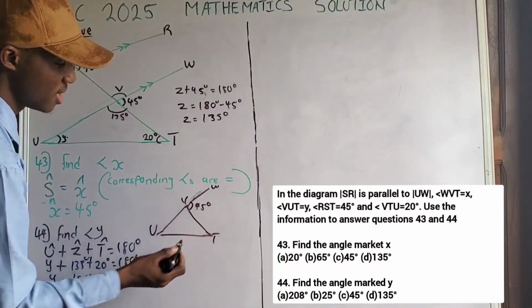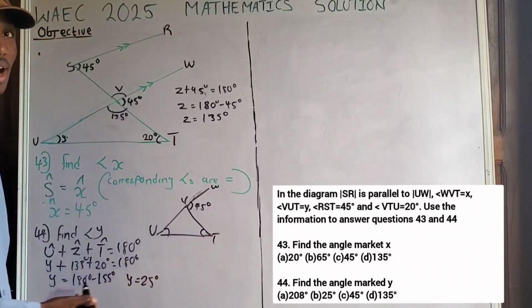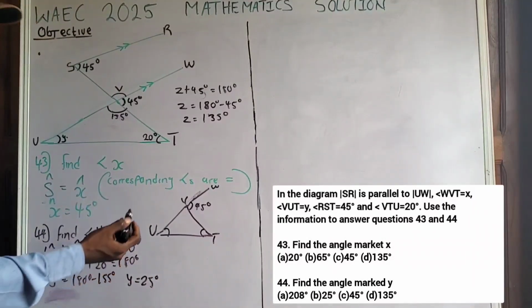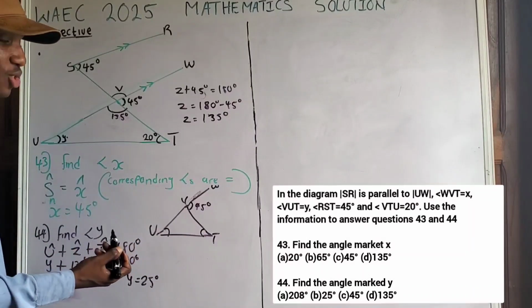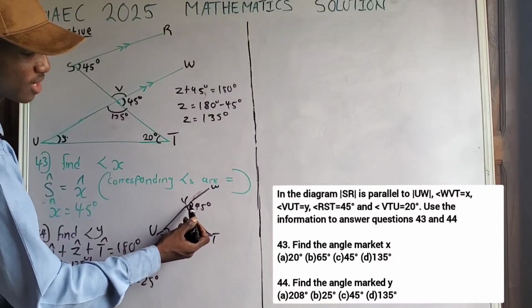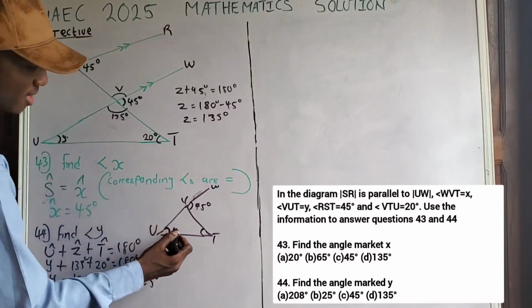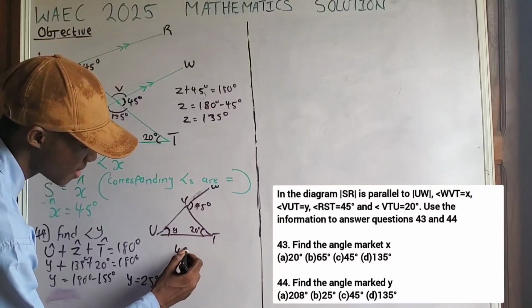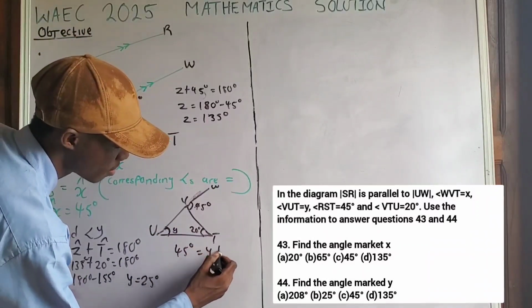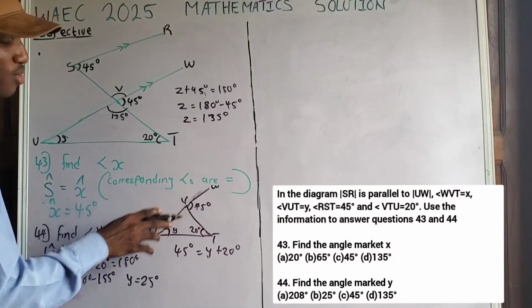45 degrees. Now, this angle that you see here is exterior to this angle and this angle. In plane geometry, the exterior angle of a triangle is equal to the sum of the two opposite interior angles. Since this angle is Y and this angle is 20 degrees, this angle, which is 45 degrees, equals Y plus 20 degrees.